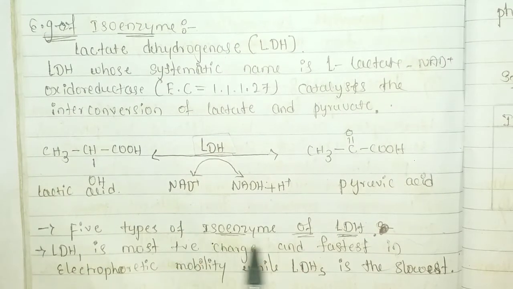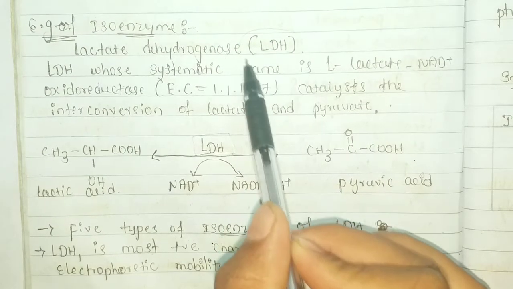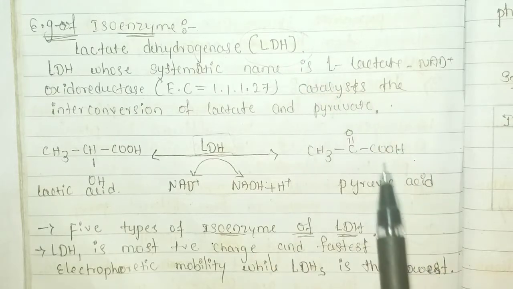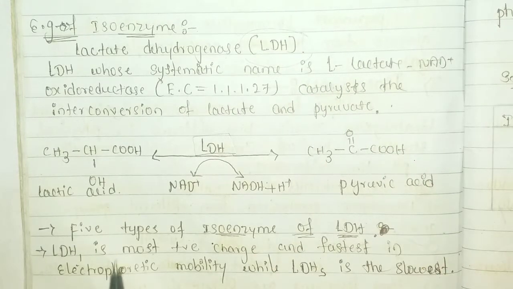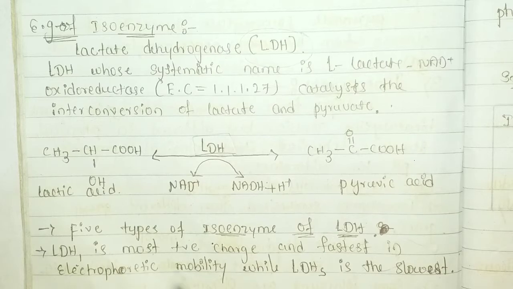The few types of isoenzymes of LDH: LDH is an enzyme but it has different properties. Here there are five types of isoenzymes of LDH, and the property of LDH is tissue isolation. They are LDH1, LDH2, LDH3, LDH4 and LDH5.